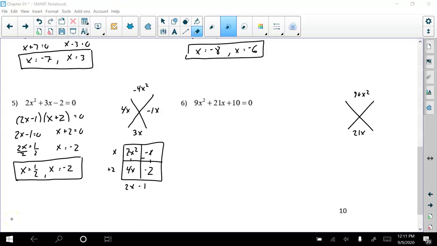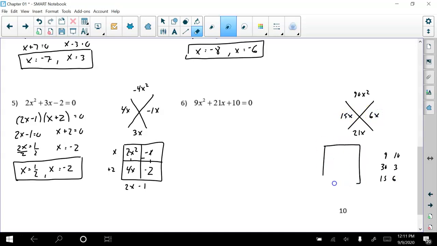Thinking about different combinations, the multiples of 90, we have like 9 and 10, that won't add to 21. We've got a 30 and 3, that doesn't add to 21. Let's try 15 and 6, and that will add to 21. So we have a 15x and a 6x.